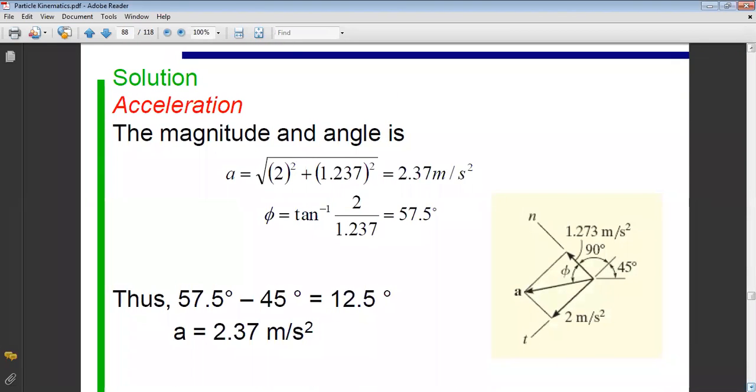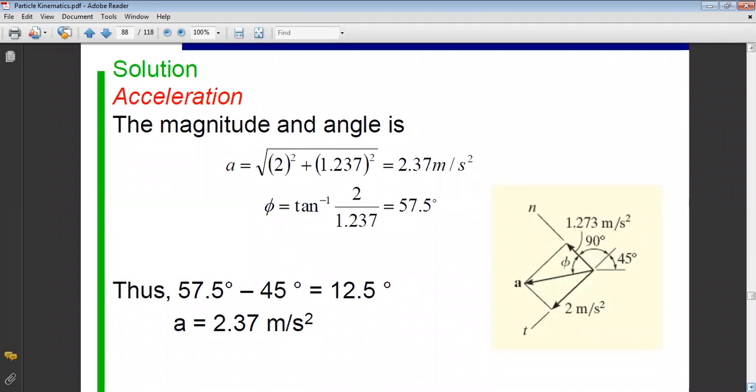Look, in general, when they ask about direction, we should give it with a certain known reference. So in general, we try to find the direction with the horizontal or with the vertical, because un and ut are not fixed vectors, they are changing in location. This is why in general, we prefer to give direction with respect to a fixed direction.